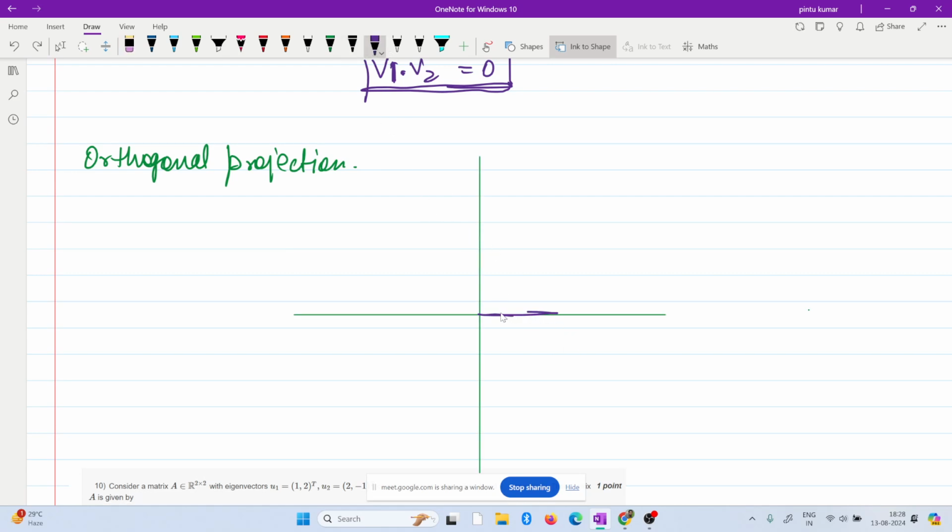Let's call this vector A, and there is another vector, let's call it vector B. Now what projection means is that you want to see its image on this vector A. So this is B. You want to see the image of B on A.